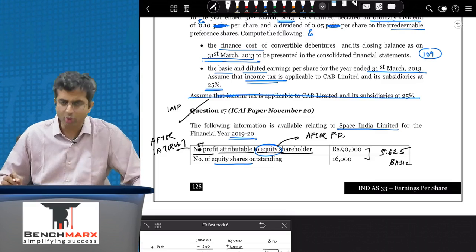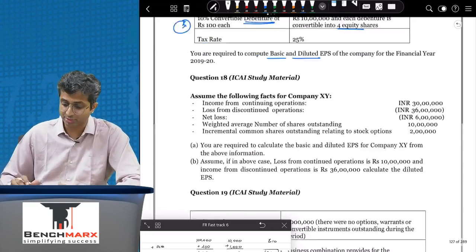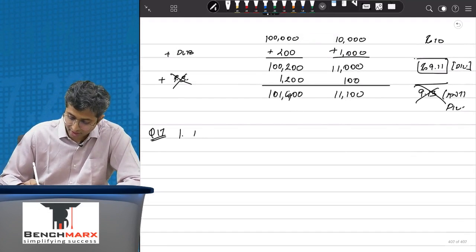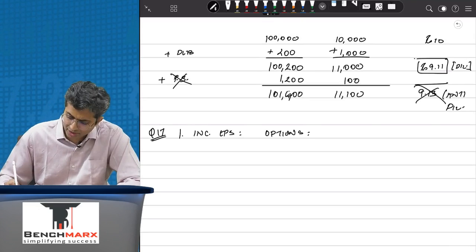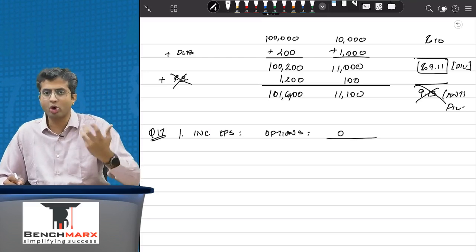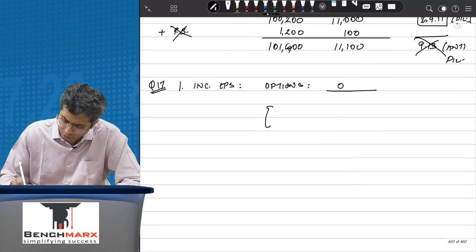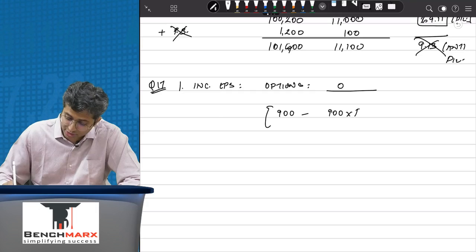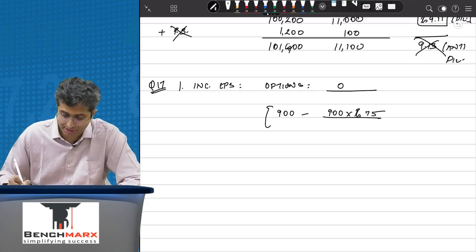Okay. Now the important assessment of diluted EPS. There are 3 potential equity shares, and hence you will have to follow the steps, where first you will try to find the incremental EPS. Okay, incremental EPS, first we will calculate for the options. In options there is no cost saving in the numerator. What do you take in the denominator? Well, in the denominator you don't take all the options, you take only the free element. And how do you calculate the free element? Well, there are 900 options which will result in 900 shares. However, if 900 options are exercised, we will get 900 into 75 rupees in our pocket.